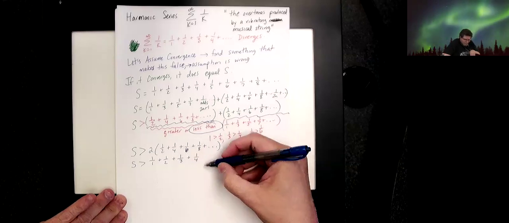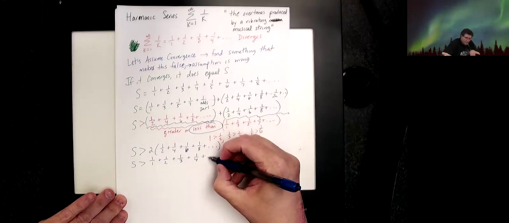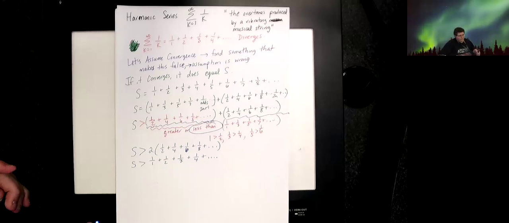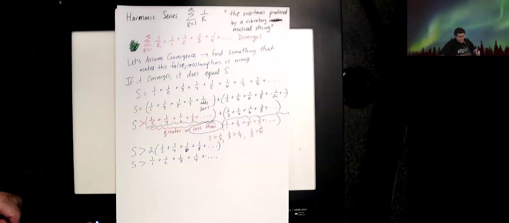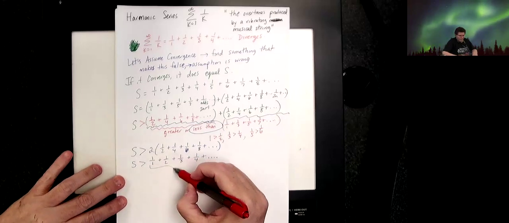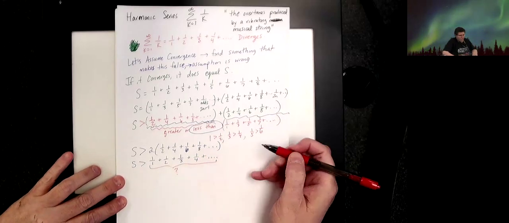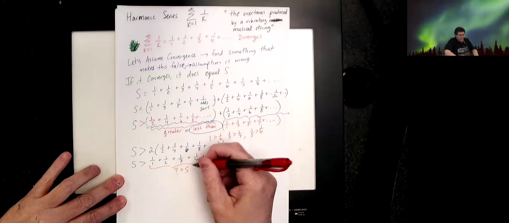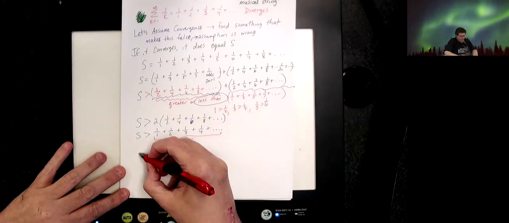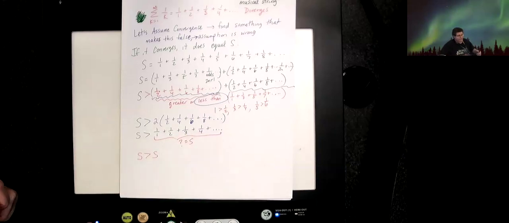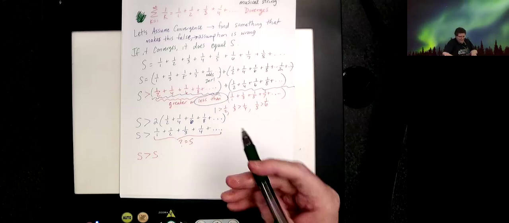All the bottoms are even, so we're basically dividing the bottom by 2. But what does that equal? It's S, right? So we're saying that S is greater than S. That's false.